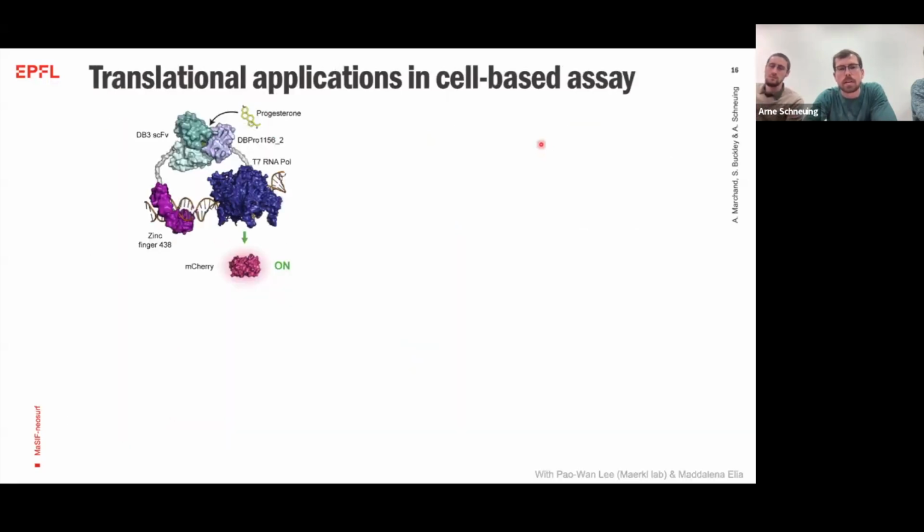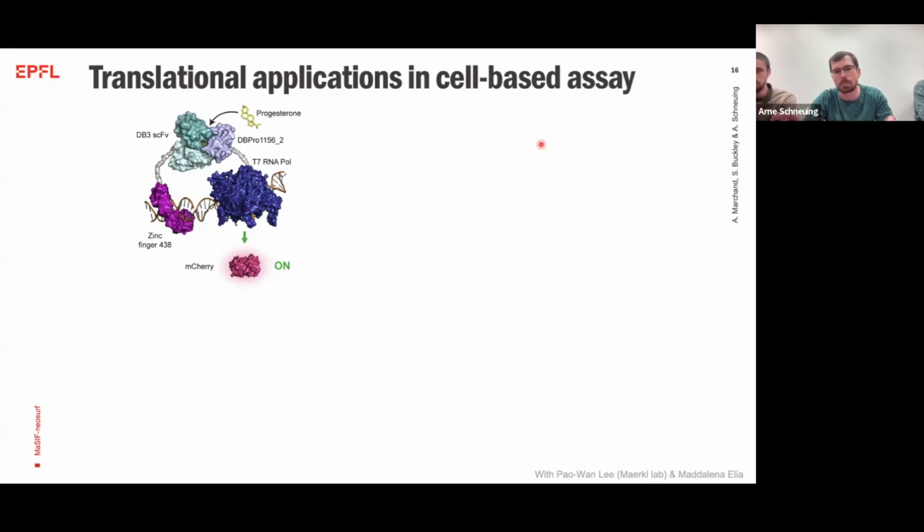So we'll move on here. These are some functional applications of these CIDs, as you were asking about before. For example, the DB3 progesterone CID was validated in a functional assay in a cell-free system, which basically has just the machinery you need to produce protein. You fuse your interacting proteins, so one protein is fused to a DNA binding domain, such as a zinc finger, and another protein is fused to an RNA polymerase.